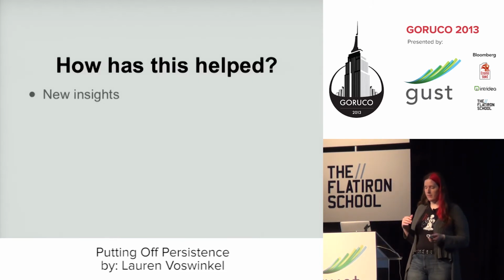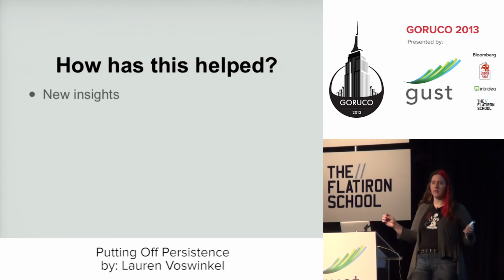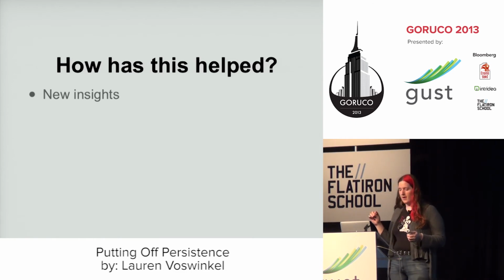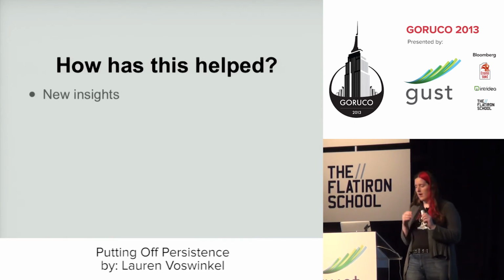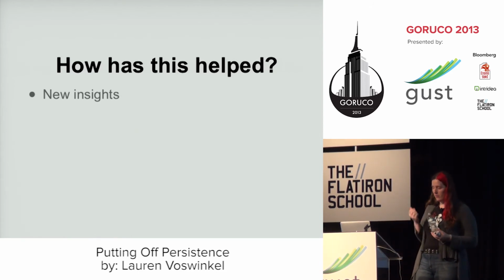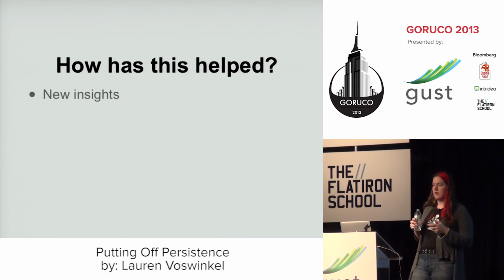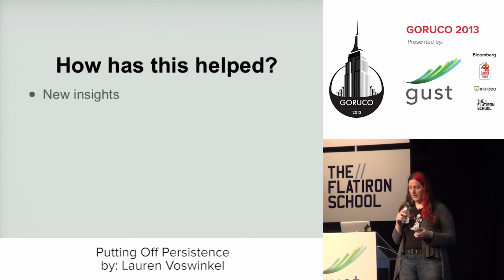Other ways that this has helped, particularly me, is it gave me a lot of new insights into how my code interacts with libraries. It also gave me new insights into how I shape my classes. So in this instance, I showed you the date range class, which is something that I had never really considered doing before, that is, creating a class that manages dates by itself without any other type of responsibility involved with it.